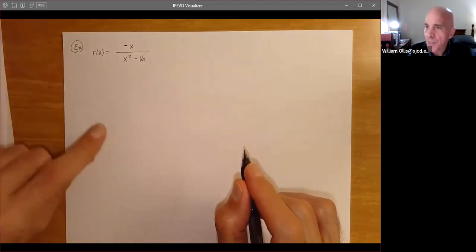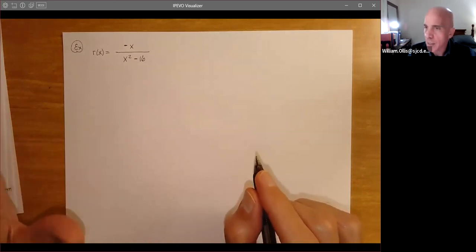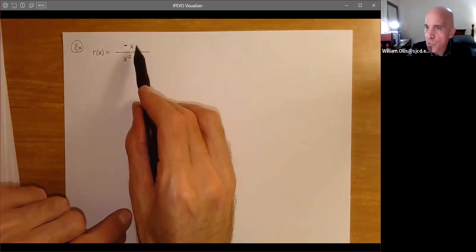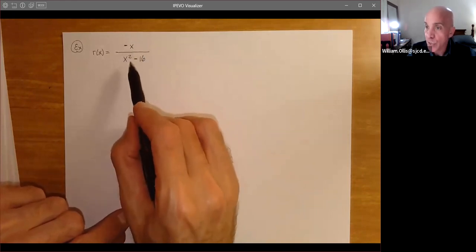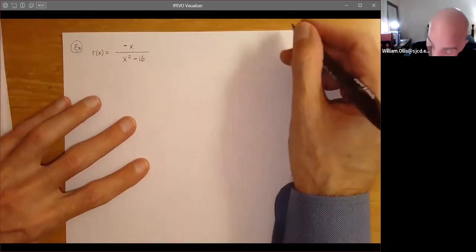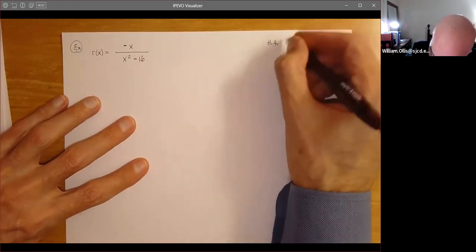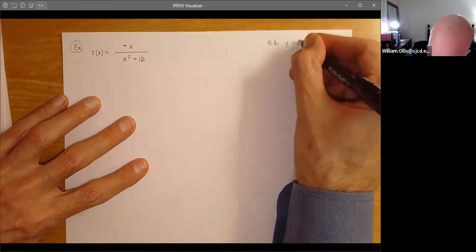Now, when you look at this, automatically you're going to say the horizontal asymptote is 0 because the degree upstairs is 1 and the degree downstairs is 2. So let's go ahead and hit a home run with that one. So HA: y equals 0.